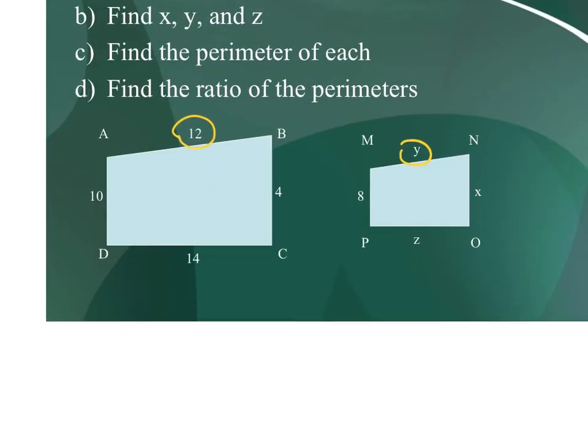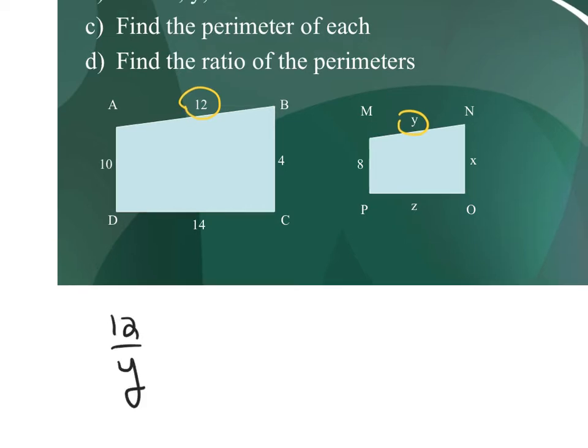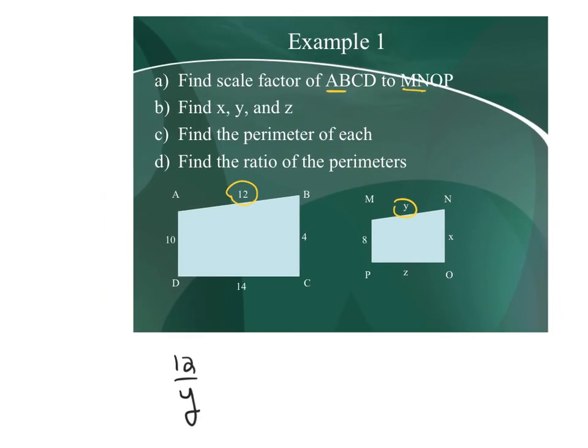I have 12 over Y. Then if I go to the next two letters, BC to NO, BC is 4, NO is X, I still don't have a complete ratio. And then if I go CD with OP, the last two, I still don't have a complete ratio.